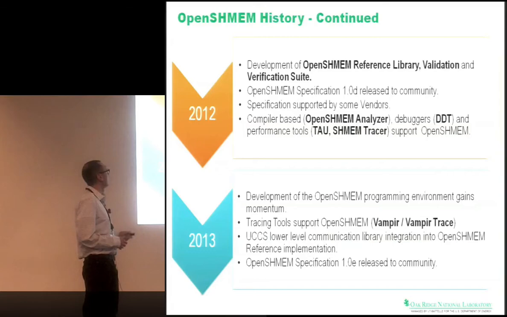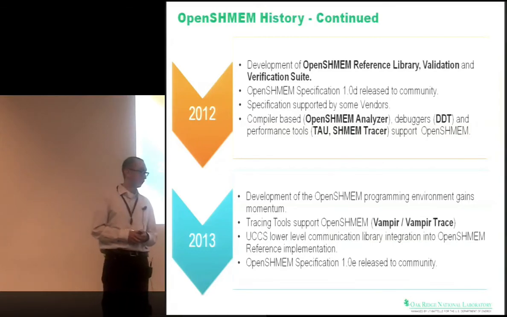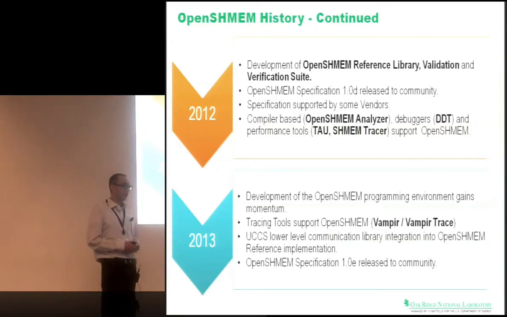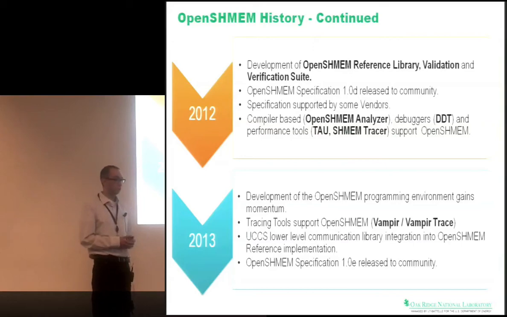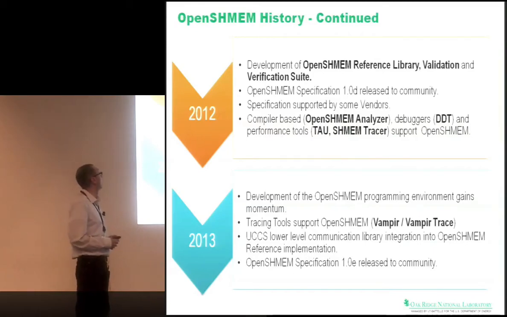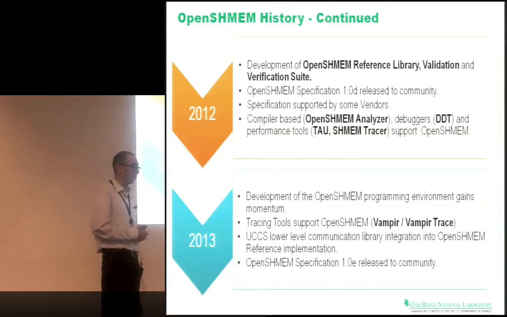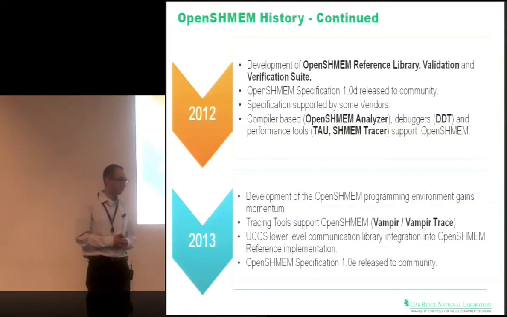We started to see more and more vendors involved in the effort. And as I mentioned, we started to work on tools: OpenSHMEM Analyzer, DDT Debugger provided support for OpenSHMEM, tracers like Tau tracer and SHMEM tracer, SHMEM Tau tracer enabled support for OpenSHMEM.